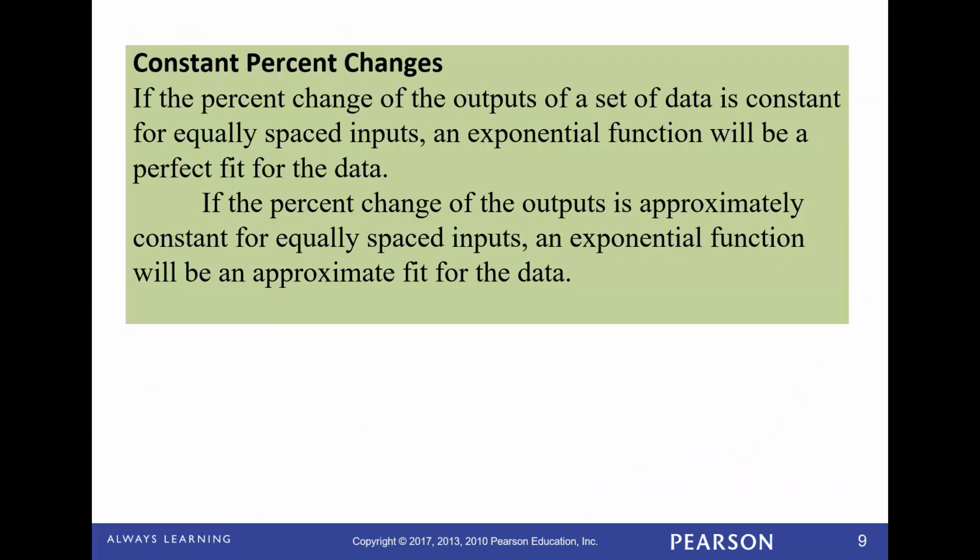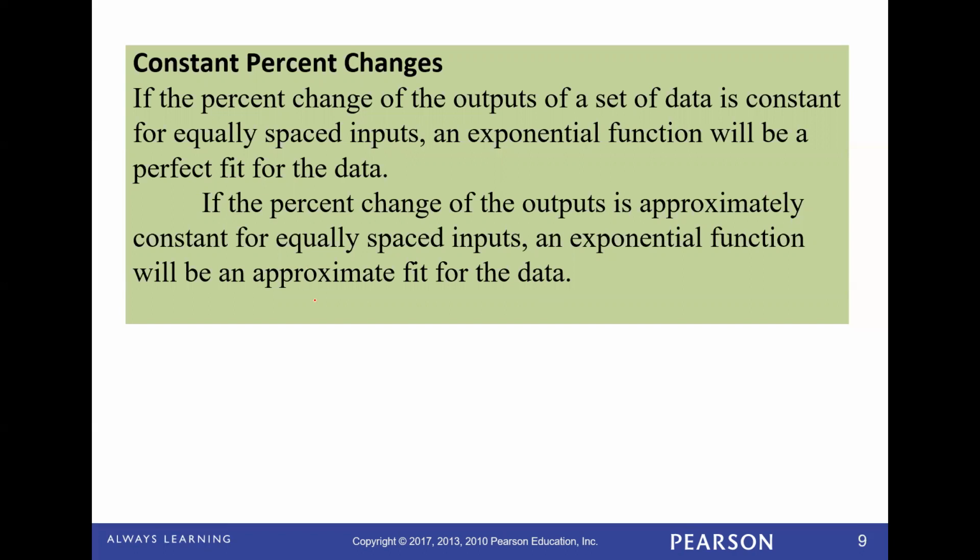Okay. Now, previously I talked about this constant percent change, and most people are like, I don't even know what you're talking about. Please understand that when we talk about a constant percent change, that's basically asking about the different outputs. Now, all of our inputs should be equally spaced. When I say inputs, those are the X values, or the stuff that you put in list 1. Those should be equally spaced, but the outputs are not always so equally spaced.